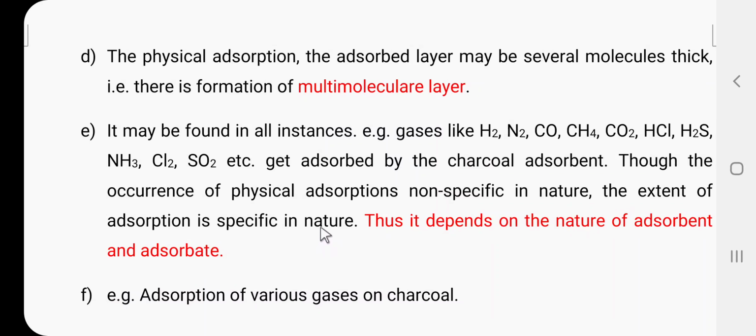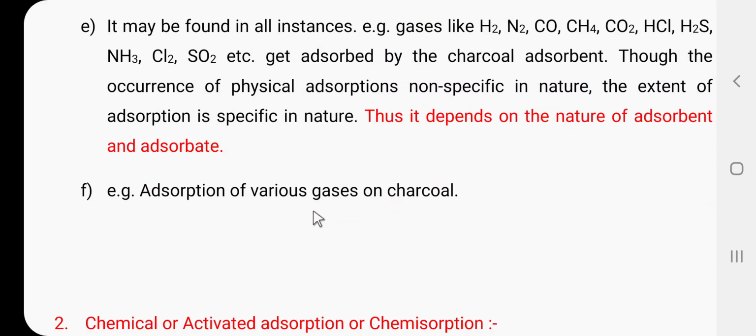Thus, it depends on the nature of the adsorbent and the nature of the adsorbate. But what is important is that physical adsorption is non-specific in nature. That means any gas may be adsorbed on the surface of the adsorbent. An example of physical adsorption is the adsorption of various gases on charcoal.